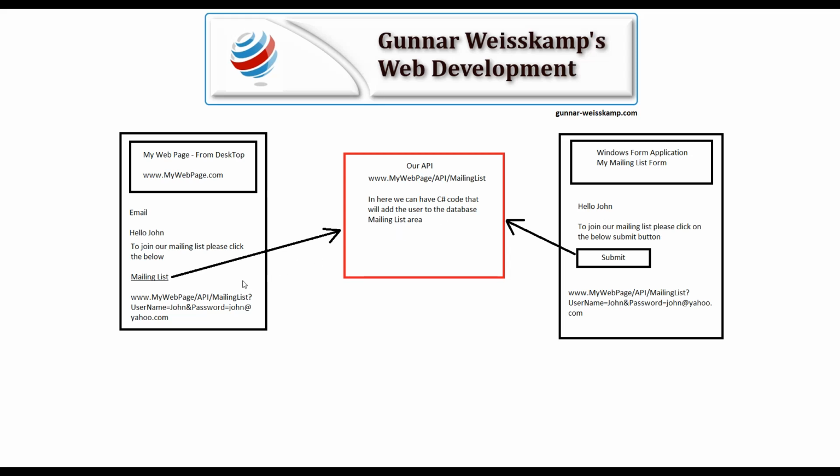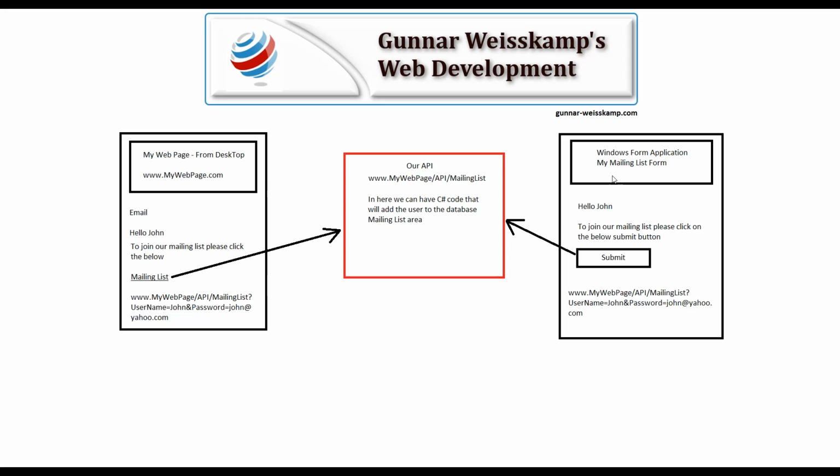So that's what I was already explaining. With web, it can be an application not just from a desktop, it can be from a mobile phone, a tablet, other areas as well. So that's our web analogy concerning Web API.